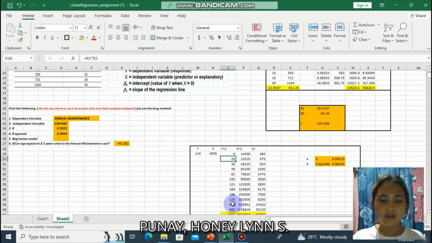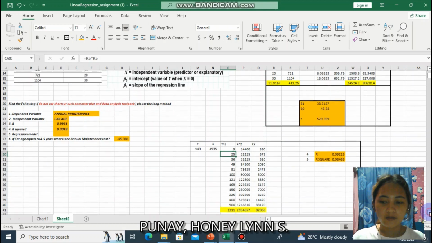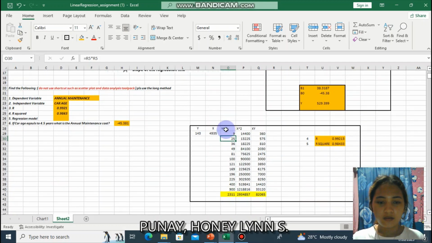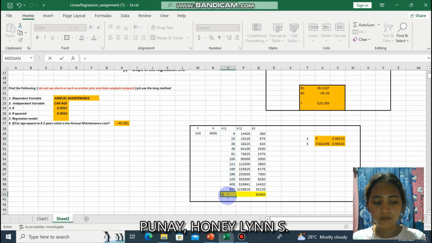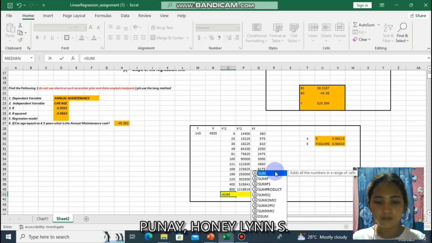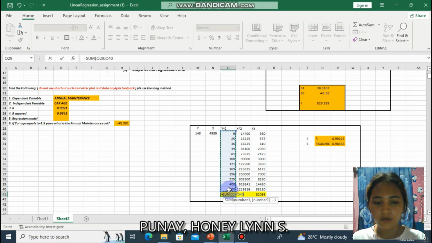To get this value, the formulation is just repeated: I multiply it by itself, then at the end find the summation. So for example, equals sum, then all the values, then enter.